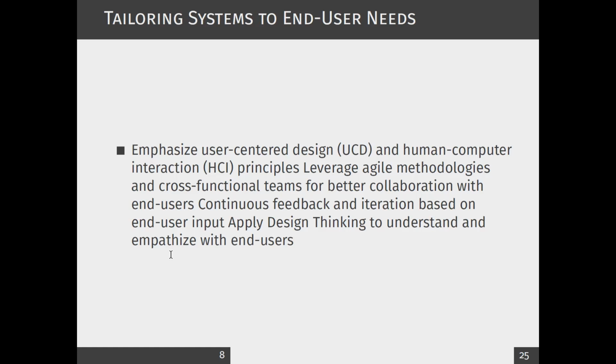And we have cross-functional teams for better collaboration with end users, continuous feedback and iteration-based end user input. And you can apply design thinking to understand and empathize with the end users. So this is what we need to think about: user-centered design and human interaction, the two principles together with the agile methodologies.